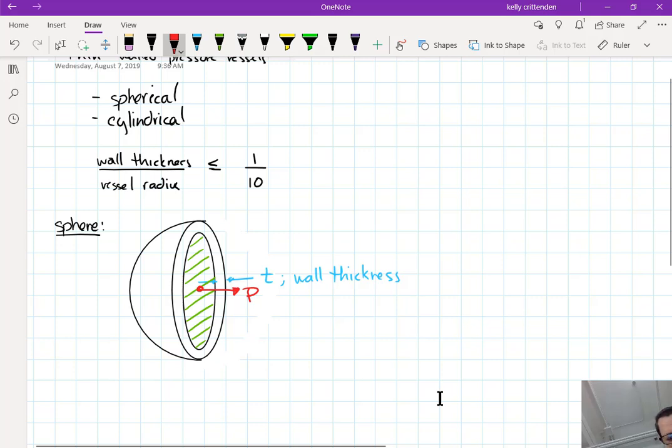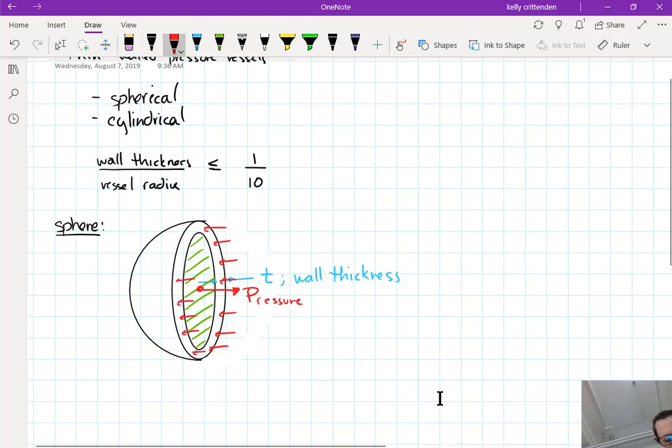And there's this stress in the wall, and I called that a force P. I actually want that to be a pressure, not a force. So there's this wall stress that's holding it all together.